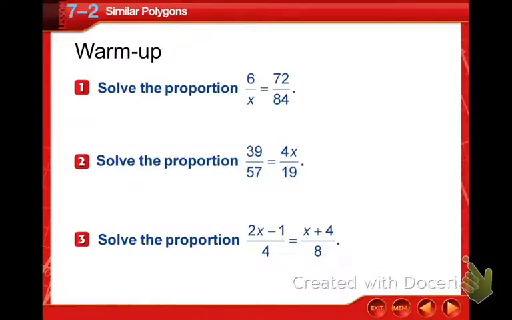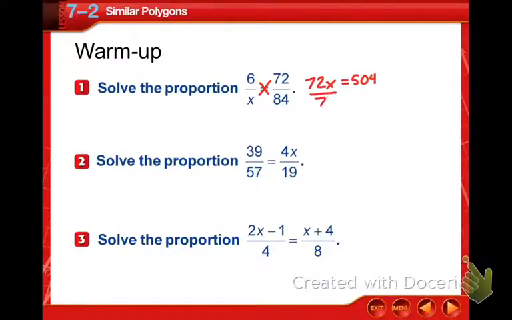Number one, we need to solve this proportion. Remembering back to doing this when we were looking at similar triangles, now we're just doing the same thing with polygons. All you have to do is cross multiply. So 72x is equal to 6 times 84, which is 504.